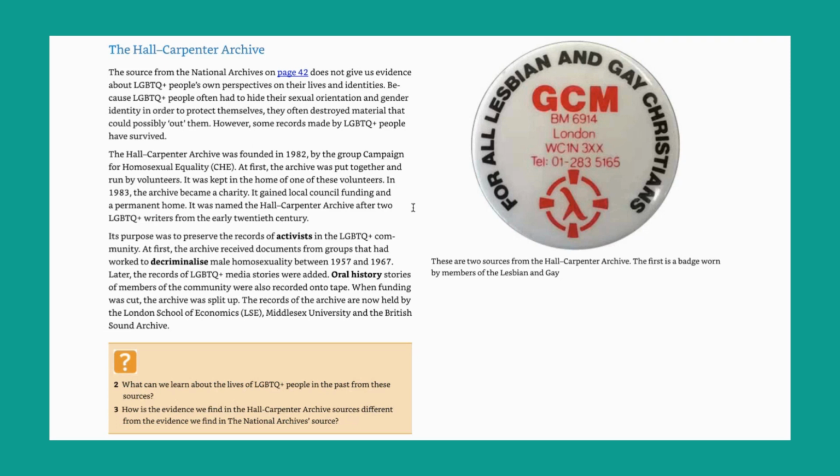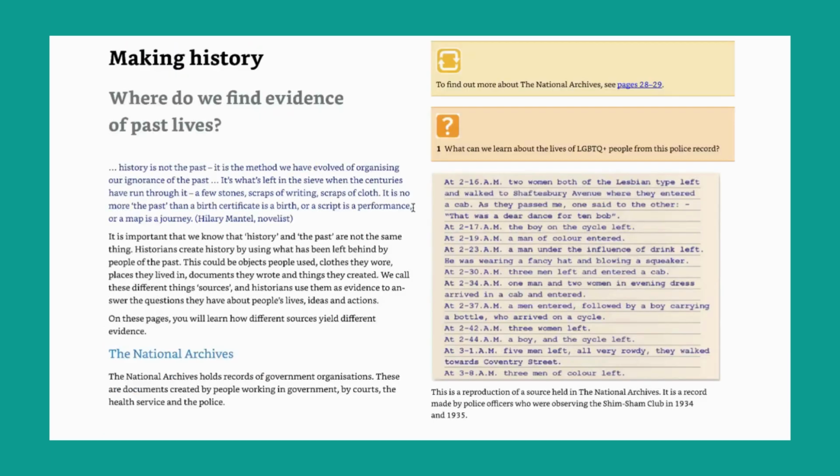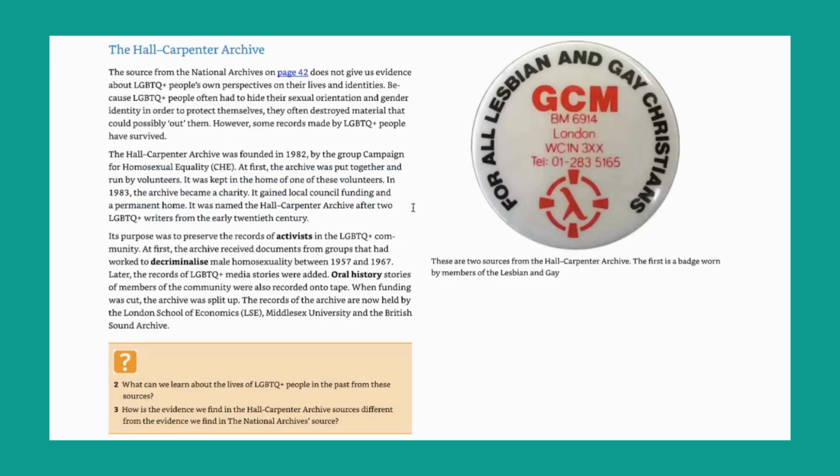Those kinds of details potentially open up some really interesting questions for students about what kinds of evidence get preserved, why our police report, for example, is being kept safely in the National Archive, and what kinds of evidence are in danger of being lost. In using this kind of material in lessons, you can start to encourage your students to think about the kinds of stories about the past that are likely to be told, and the kinds of stories in the past that might end up being silenced.